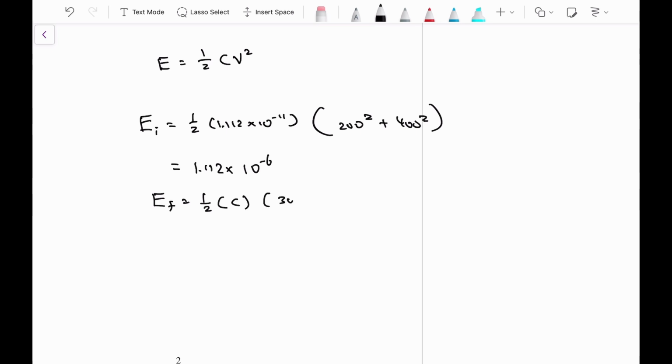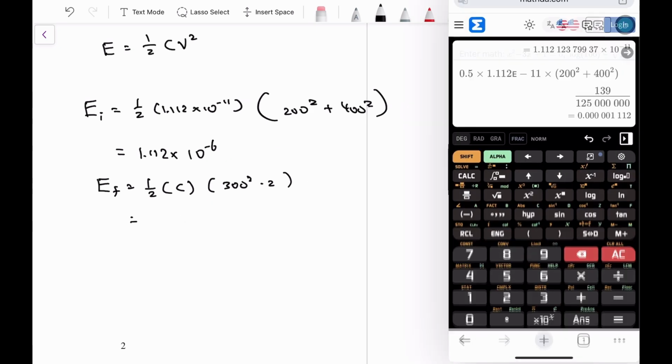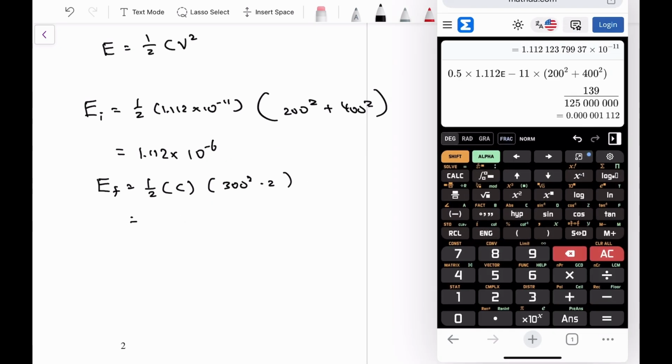And then that is 300 squared times 2. So that will be 300 squared times 2, and that is 1.8 times 10 to the power of 9 minus 6.